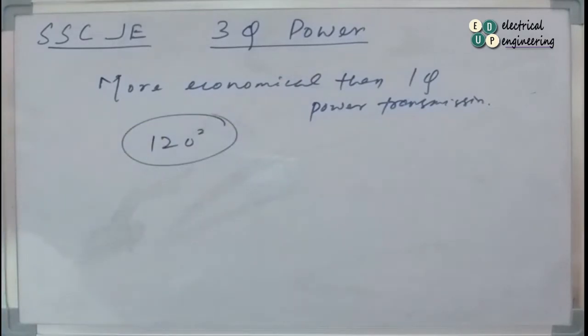If it is a balanced three-phase power system, then you will get a 120 degree phase difference for each of the phases, right? So what are the advantages?